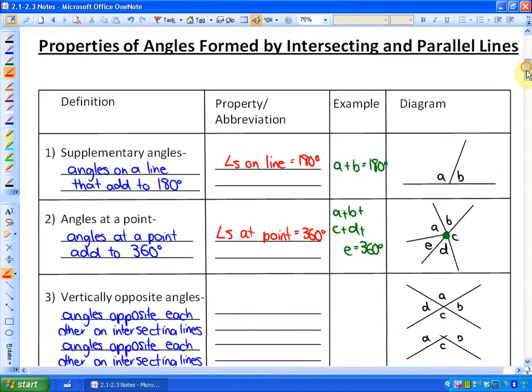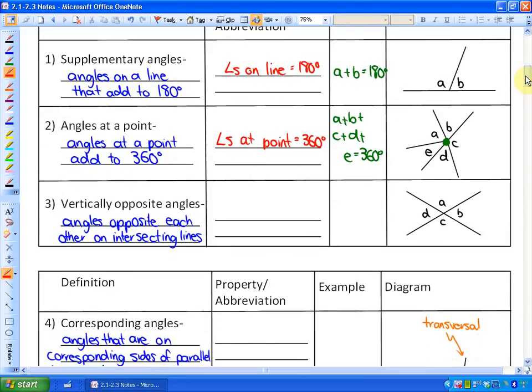Okay. The next definition, vertically opposite angles. Vertically opposite angles are angles that are opposite of each other on intersecting lines. If you look at this diagram to the right, you see two intersecting lines, and there are two pairs of vertically opposite angles. For example, these two, angle B and D, are vertically opposite, and they're equal to each other.